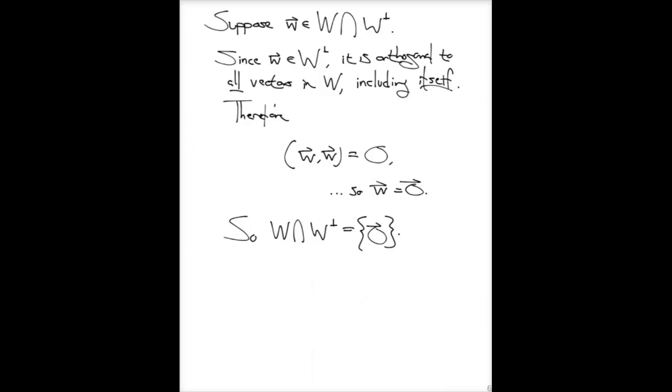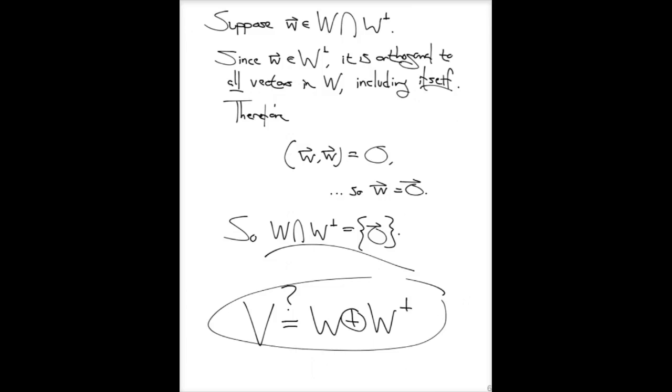Now, this condition may look familiar. This is one of the two conditions that a couple of subspaces have to satisfy in order for V to be the direct sum of those subspaces. So it looks like we are warming up to the possibility that V may be the direct sum of W and its orthogonal complement.